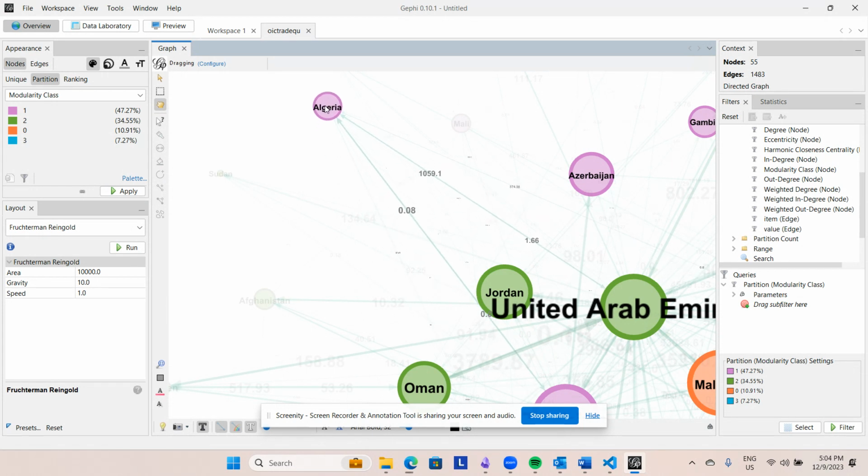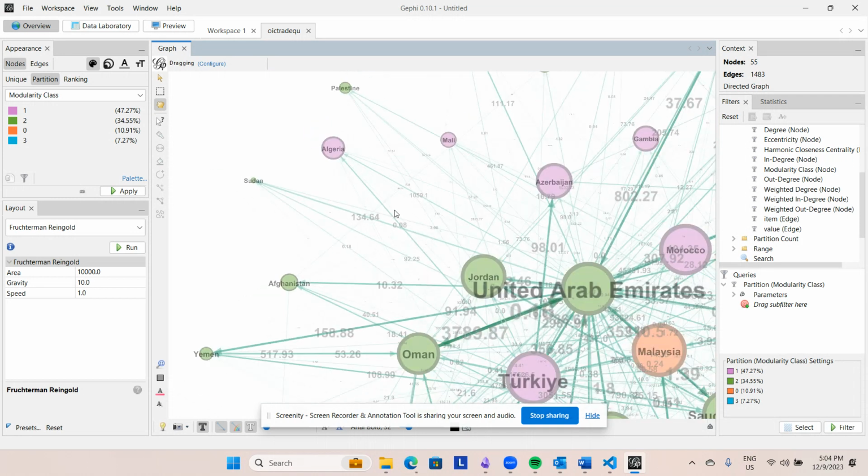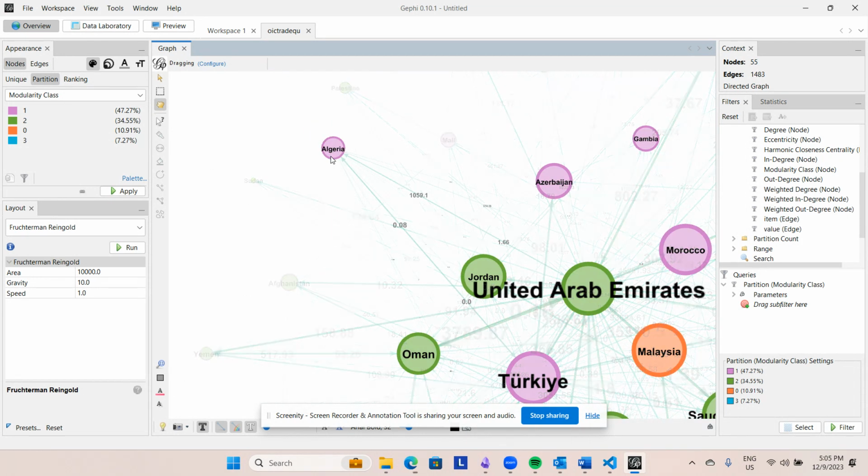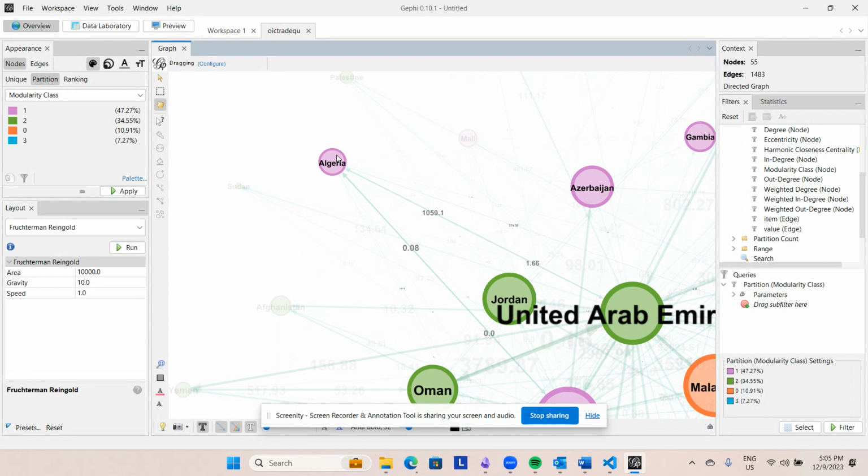Of course, it would be more than one. And we are seeing three other lines between Algeria and Turkey. So it also reflects the trade of another item.